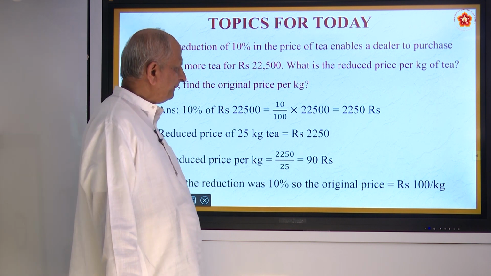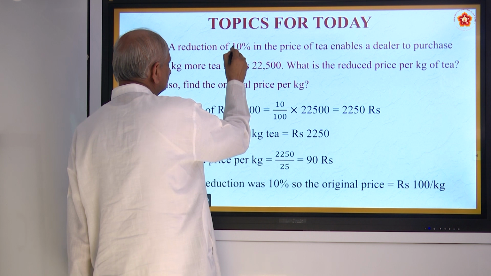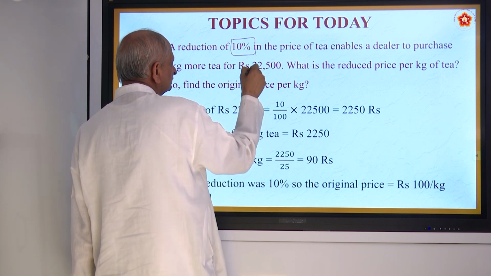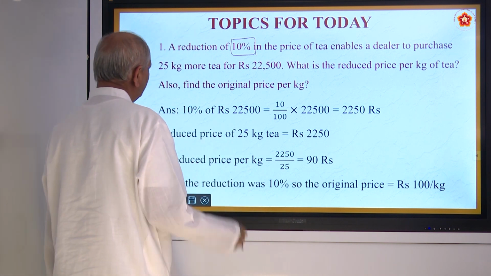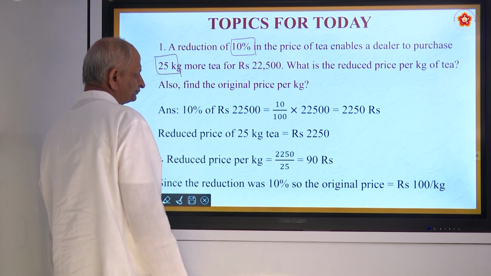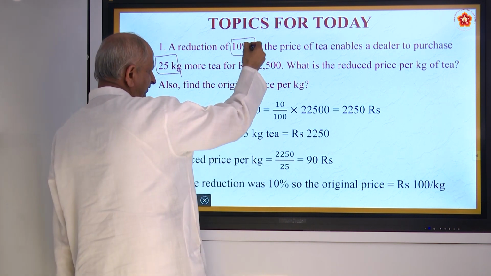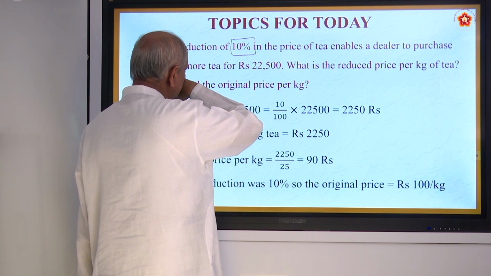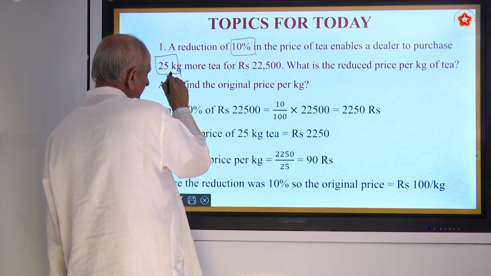Now for today's topic, a reduction of 10% in the price of tea enables the dealer to purchase 25 kgs. So what is the first step? Reduction 10% and quantity of the tea 25 kgs.